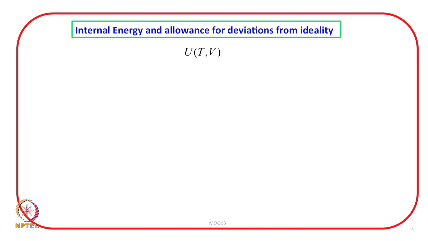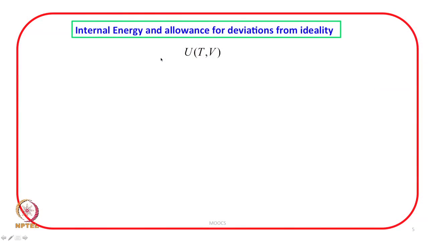Internal energy can be a function of temperature, it can be a function of volume, it can be a function of pressure. I can express internal energy as a function of any two variables to begin with, or I can take all the three variables. But here, if you look at the slide, I am beginning with internal energy depending upon T and V, function of T and V.